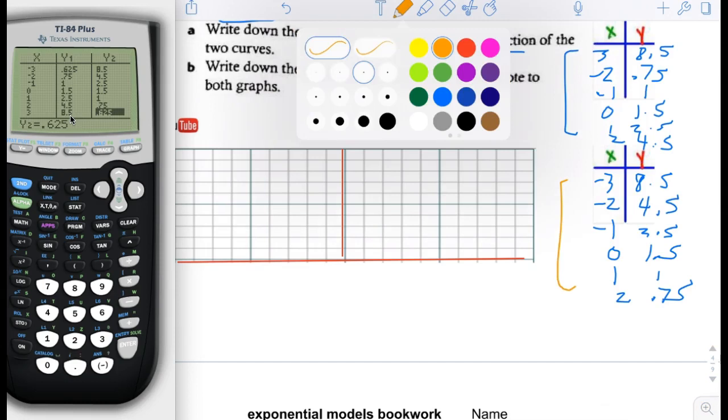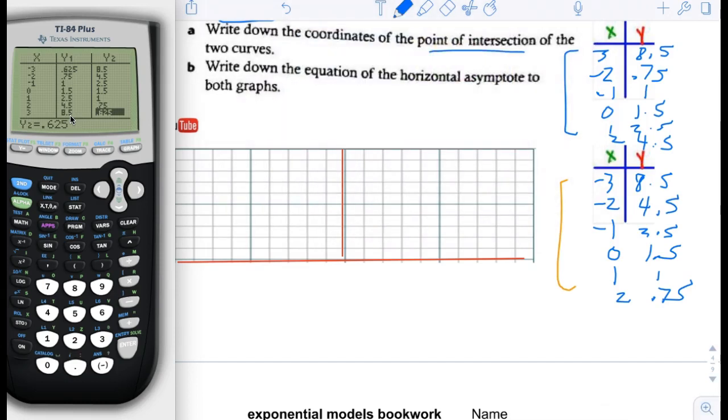Okay, so first we'll do the blue function. 3, 8.5. -2, 0.75. -1, 1. 0, 1.5. 1, 2.5. And 2, 4.5. Okay, so that's the blue function.